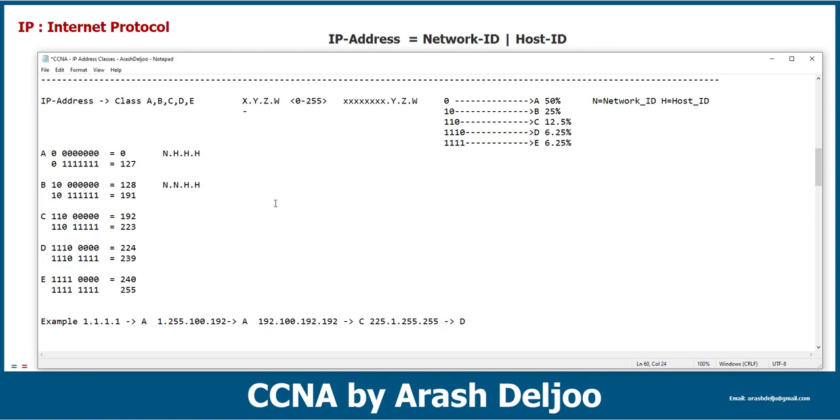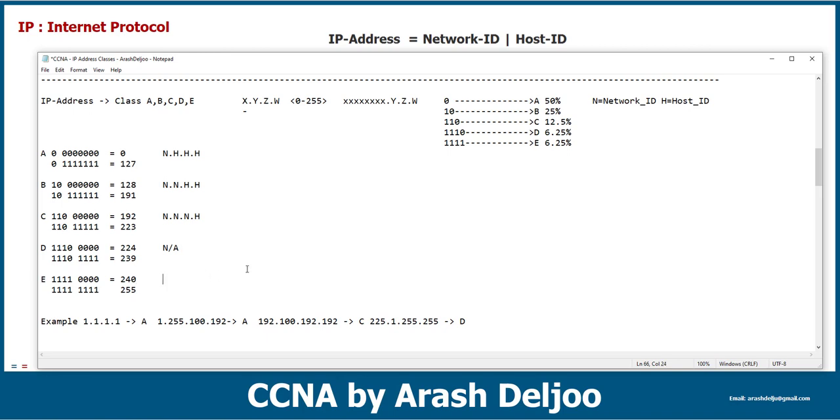In class C, we have the first three octets as the network address, and the last octet is the host address. Okay, about class D and class E, we don't have a network ID and host ID; they are not applicable.